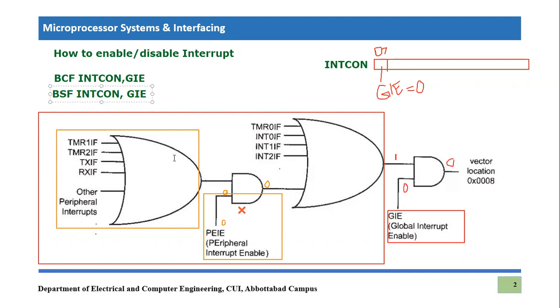We will see in the coming lecture, especially when we learn how to enable a timer interrupt in the next lecture, how you can configure an individual interrupt. But globally you can use these two instructions, either to enable or disable interrupts.